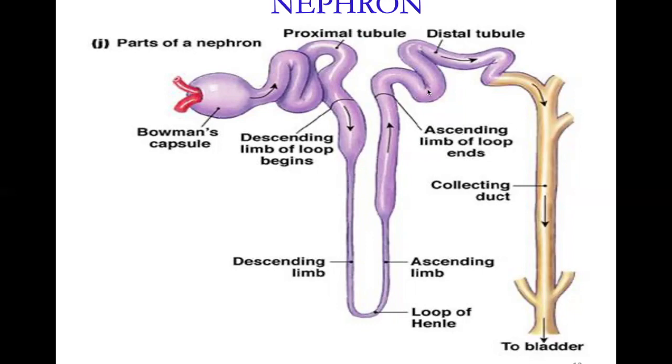Then there is the distal convoluted tubule, which finally removes the urine in the collecting tubule. This is a collecting tubule. The whole function of this tubule is to reabsorb water and useful salts back and to remove the urine, which is in concentrated form.